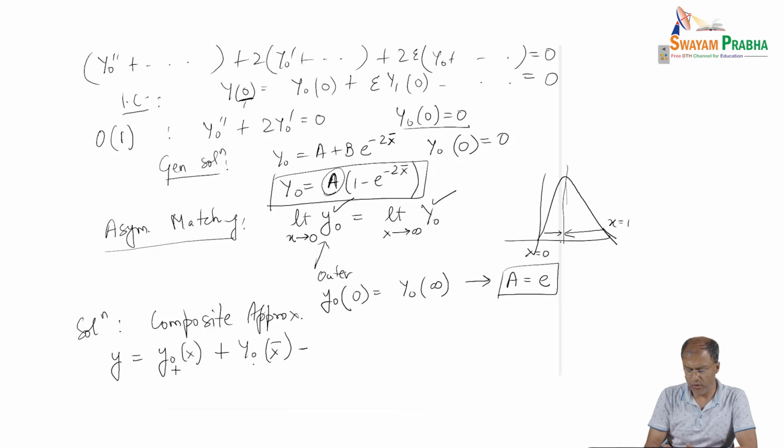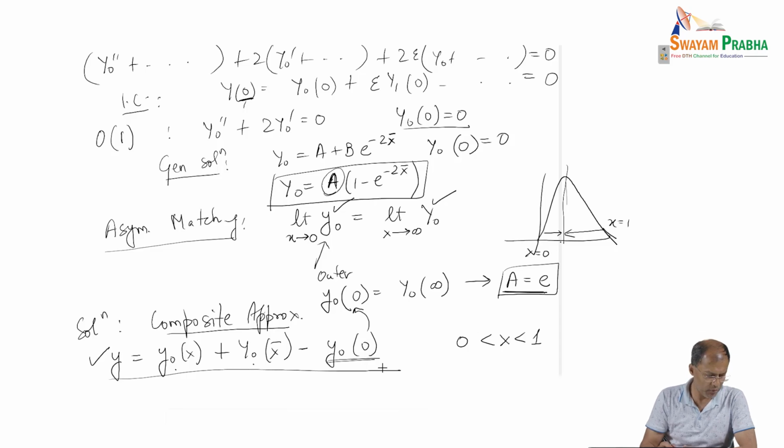In both inner and outer solutions we have added the constant a once each, so we have to subtract one constant a. We subtract y0 of 0 or capital Y0 of infinity, either one, so that we avoid the double counting. Now this is going to be valid for the entire x from 0 to 1. Earlier the solutions were separately defined inside and outside the boundary layer, but now the composite solution is defined in the entire domain.